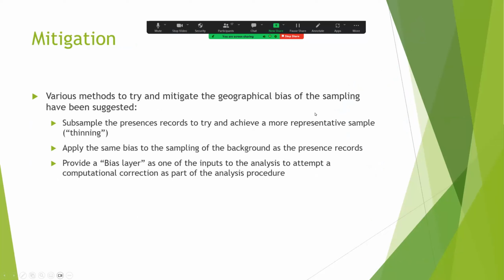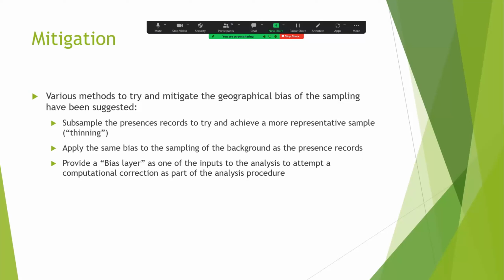There are really three basic ways that have been suggested. The first is to try and fix the samples by some sort of subsampling to try and achieve a more even coverage. This is known as thinning, and you can try and thin geographically by, for example, selecting a subset of points that are as far as possible from each other.